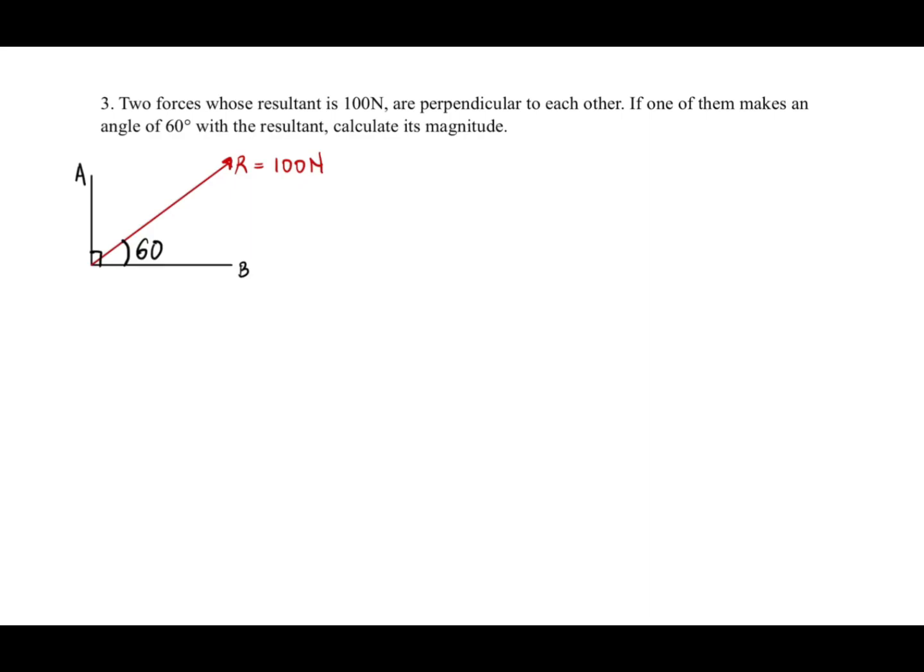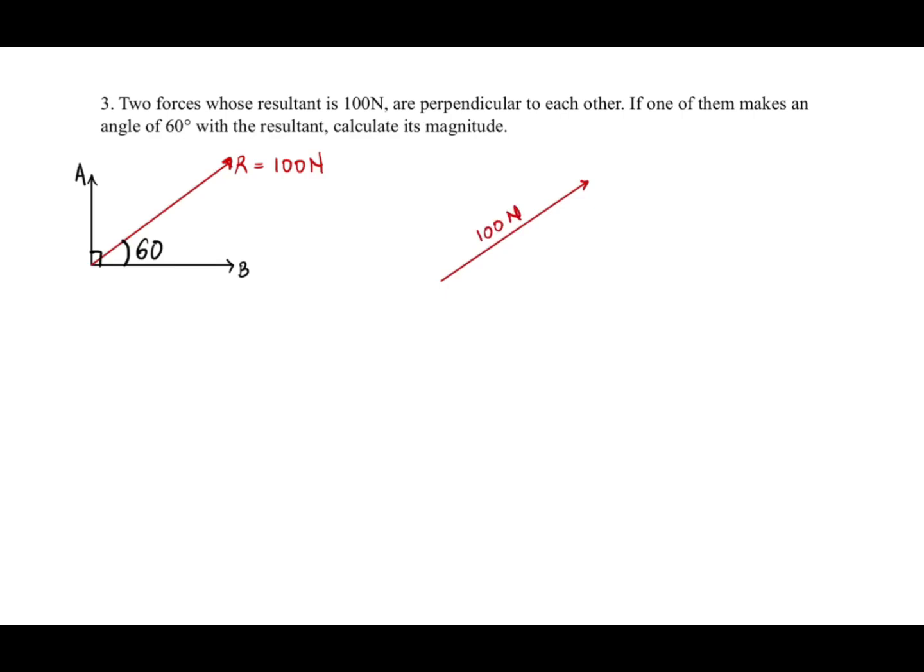Now looking at this might be a little bit complicated for you because you don't understand what is going on here. But how about we put this in a triangle form, whereby we could apply some form of mathematical concept to solve this problem. So let's do this. We have our resultant vector. This is 100 newtons.